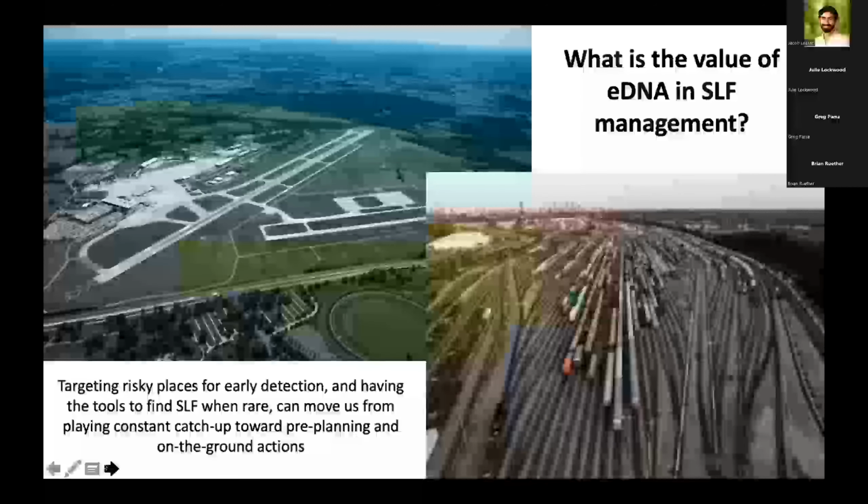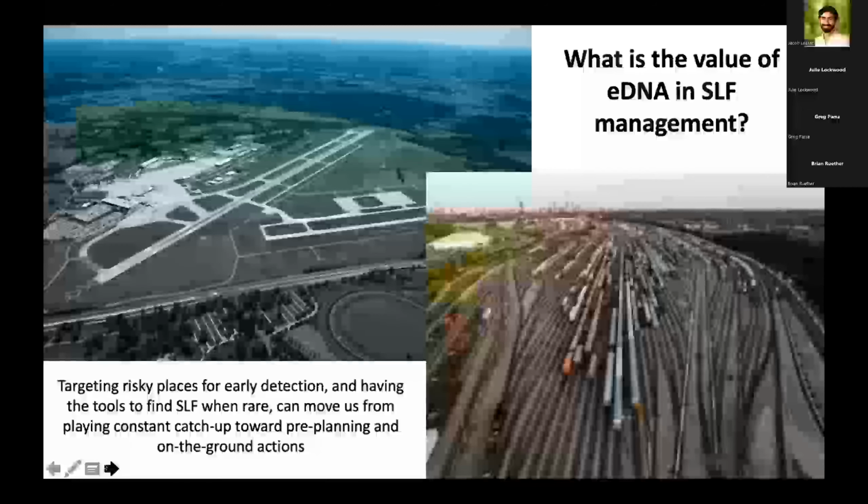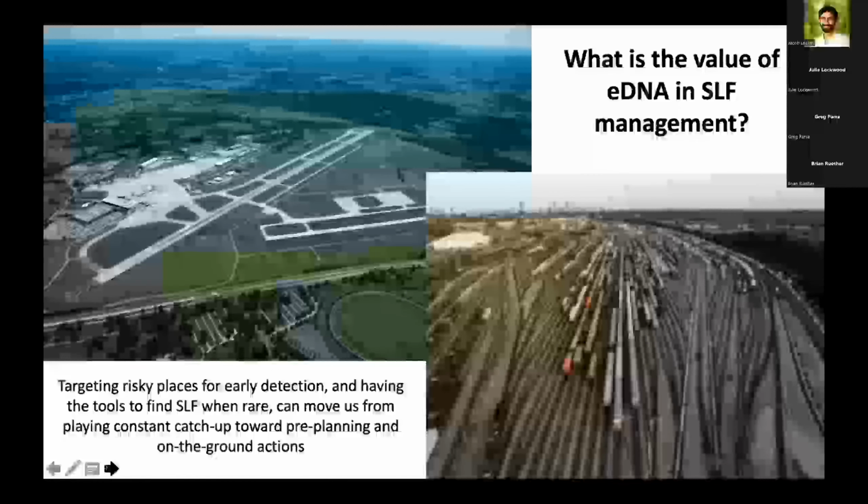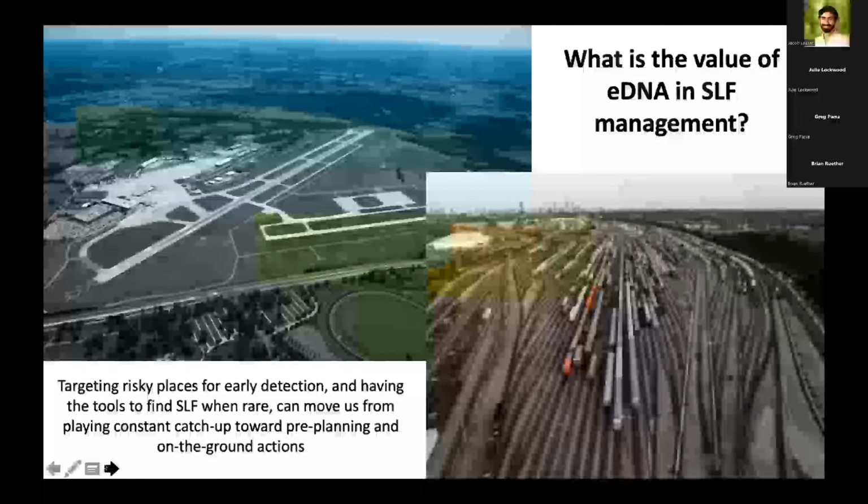But I would suggest that expanding this approach out, where you're marrying the risk mapping, which I think is beautiful, to early detection, can move us from playing catch up towards pre-planning and some more on the ground actions that might be more effective at slowing that spread.